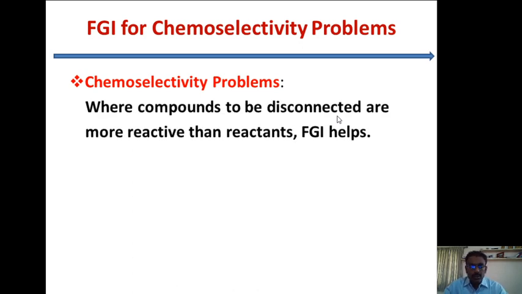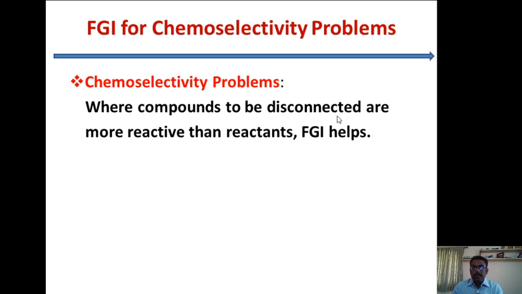Here the compounds to be disconnected are more reactive than the reactant. Yesterday, during the disconnections in the last class, if we found it very difficult to carry out a reaction on some site because it looks more reactive compared to making the other bond, then we gave priority to breaking the more reactive bond first. Here it depends on the reactivity of the starting compound and the next-step product.